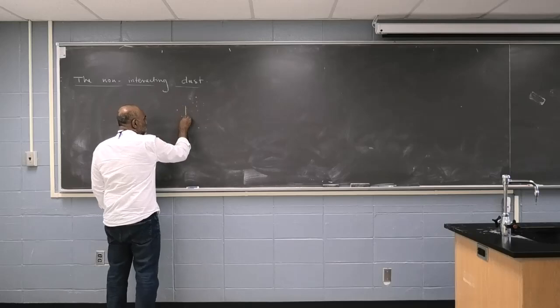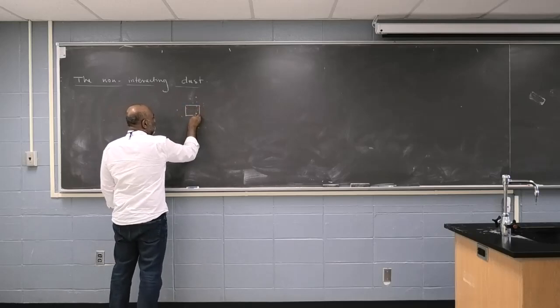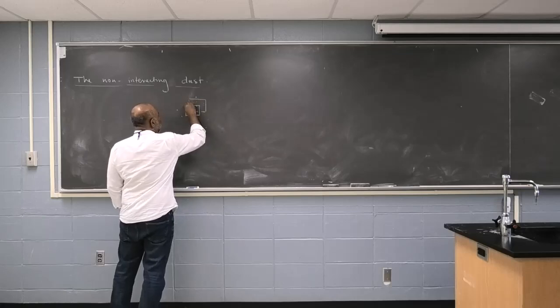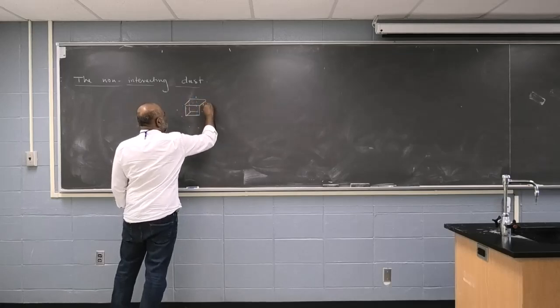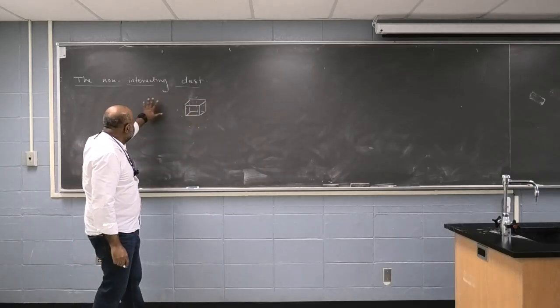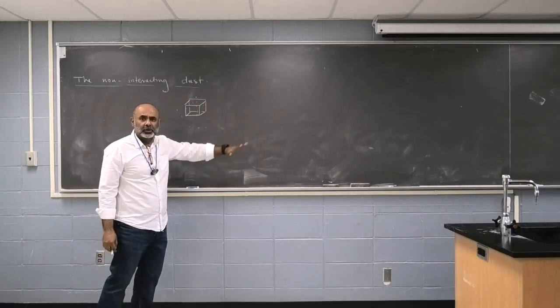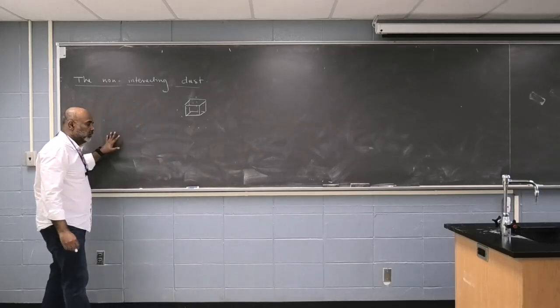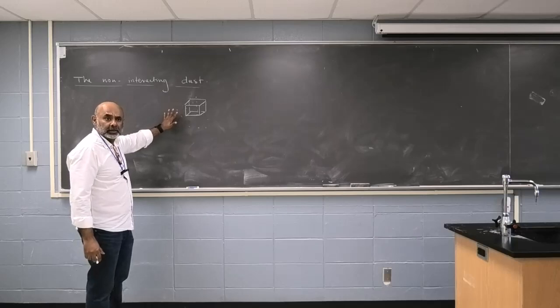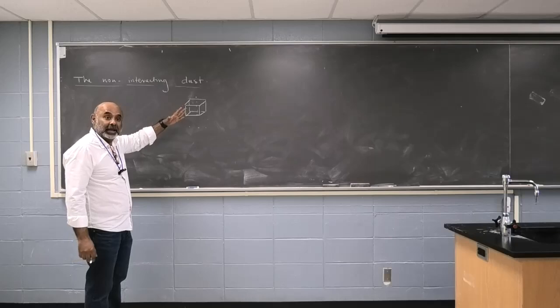So I'm going to consider a rectangular box. And this dust varies smoothly. Now, there may be regions where this dust will have velocities, right? And it could have velocities anywhere.